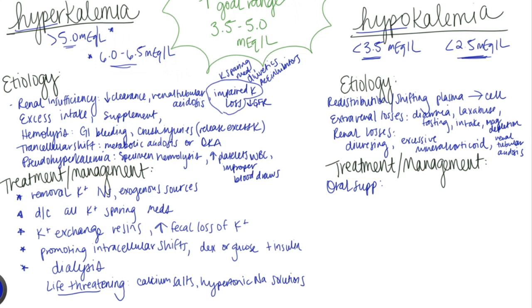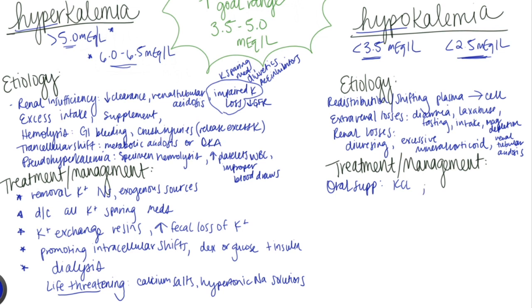Potassium is really well absorbed in the GI tract, so it's good for individuals who have mild hypokalemia to be able to replete that potassium status. Typically, this can be done with KCl tablets or capsules and potentially even liquid for repletion, but other salts can be used.